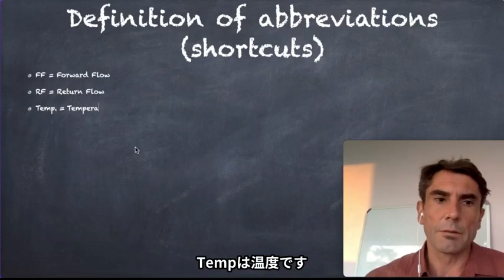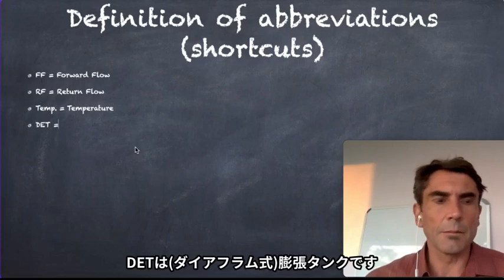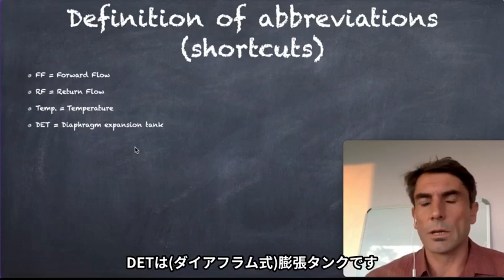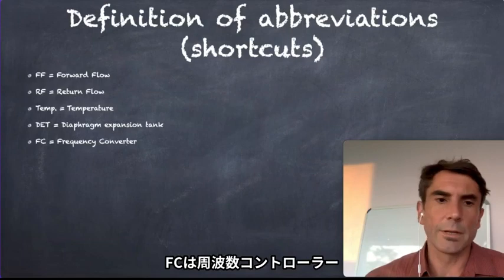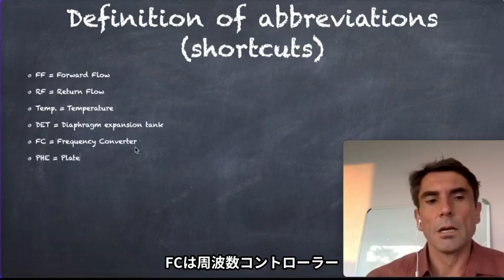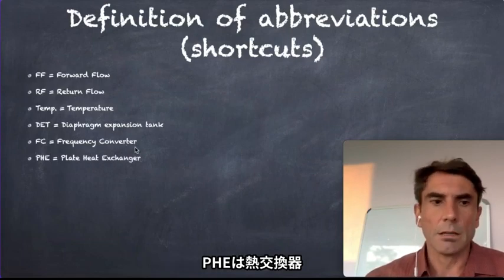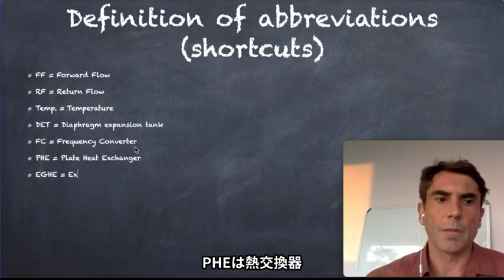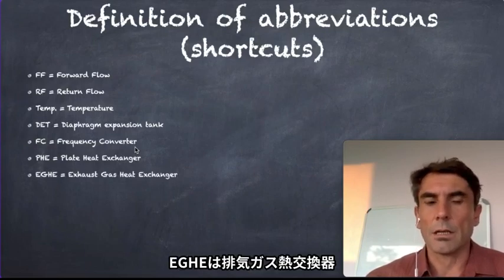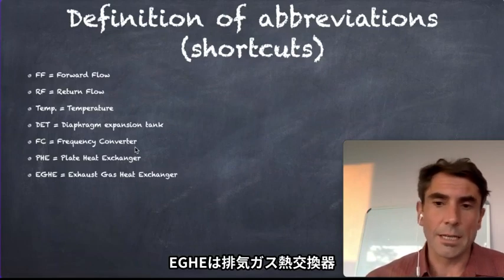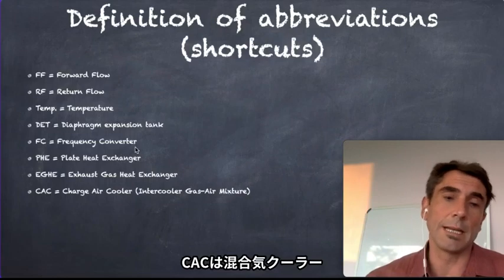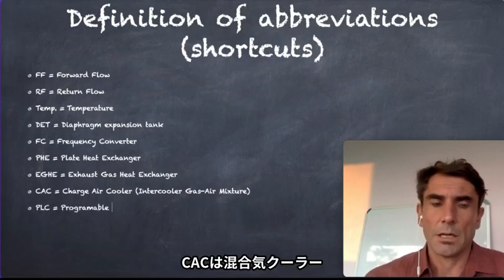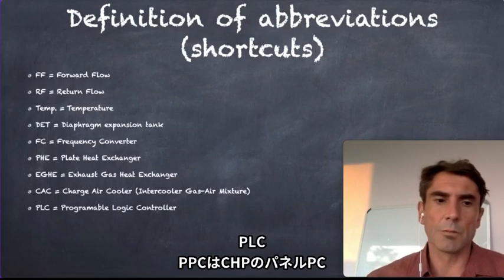Then we have temp for temperature, DET for the expansion tank, then FC, frequency converter, PHE, plate heat exchanger, EGHE, exhaust gas heat exchanger, charge air cooler with CAC, PLC, the programmable logic controller of the CHP.